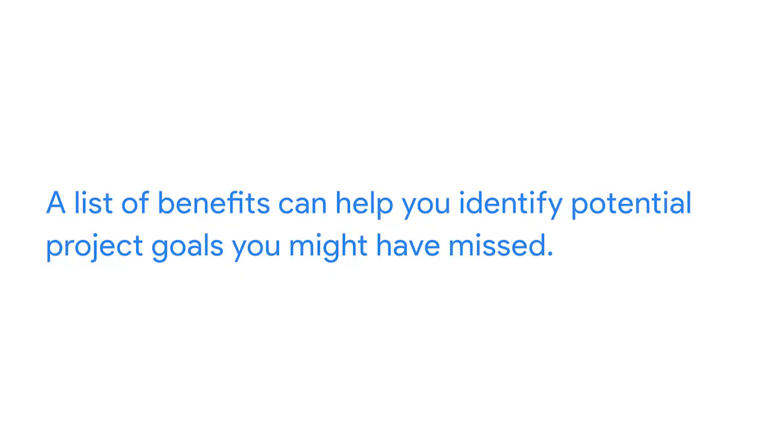For example, your list of benefits for the tablet rollout might include its potential to speed up service and increase sales by an estimated percentage. Here's another benefit. The tablets will provide the restaurant with clear data points on customer ordering and an integrated point-of-sale system to help guide decision-making in the future. A list of benefits can help you identify potential project goals you might have missed.